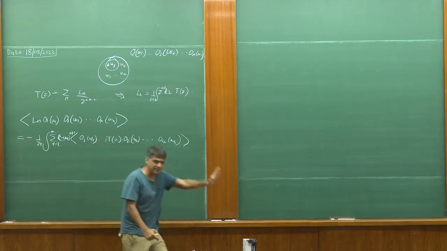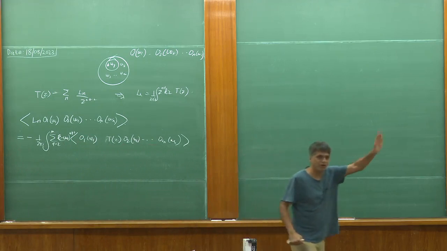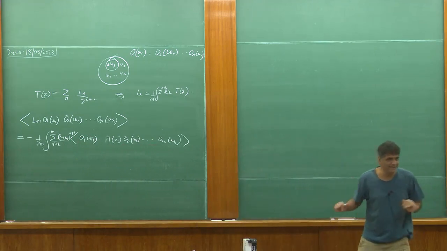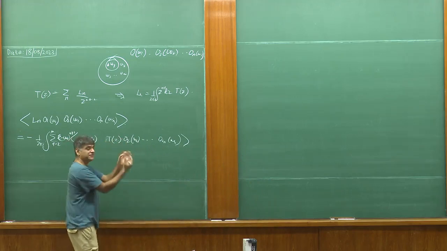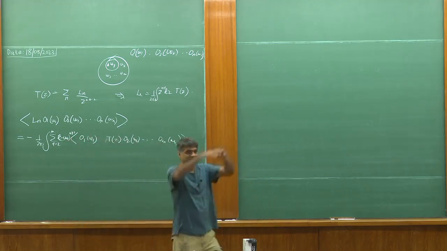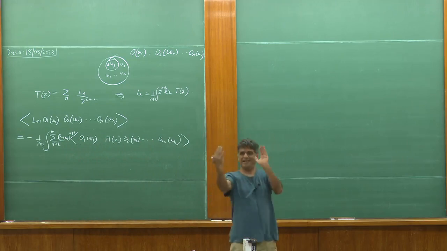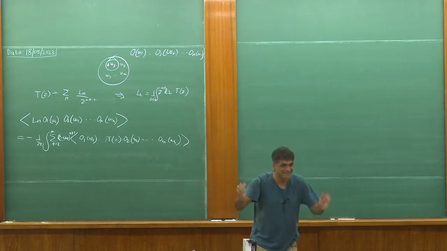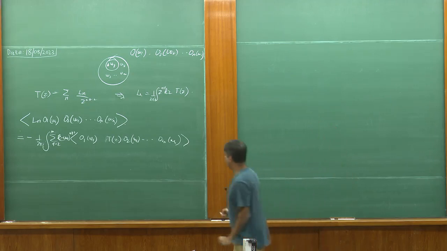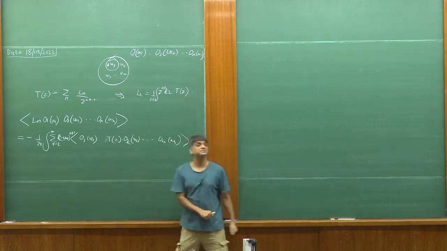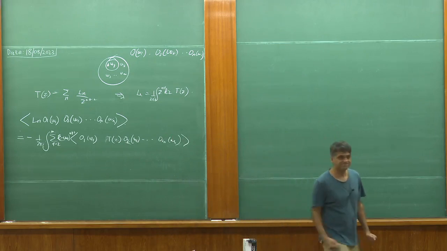Okay, and then there's a similar one for circling around O3 and O4 up to OM. That's clear, right? Since this guy is circling around O2, this T and O2 are the nearest 2 operators in the problem. You can surround them by a disk where no other operators are inserted, because you can take this contour to be very close to O2. So we are justified in using the OPE for T with O2.